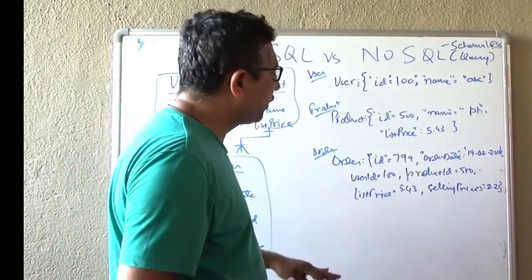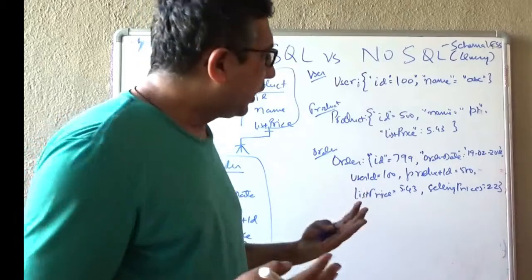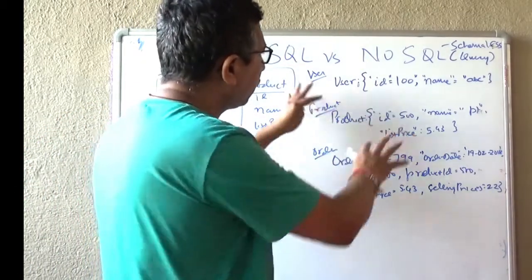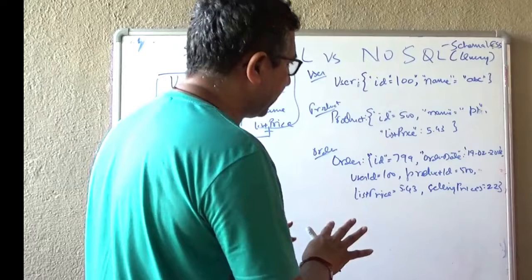So what would happen in the NoSQL world is, usually the first thing is, if you have a requirement that you have to fetch your orders, then what you are going to do is basically you are going to have this information of user and product built inside it.